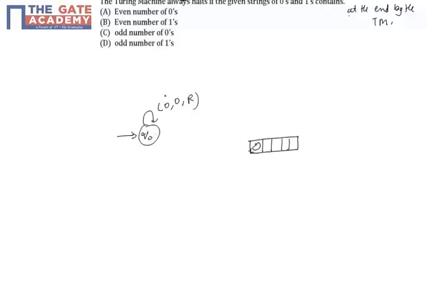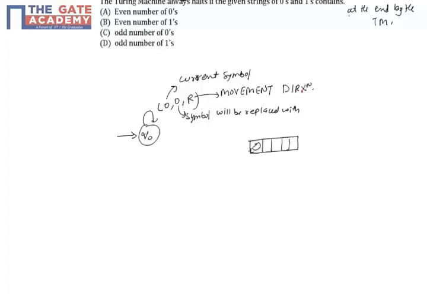So what this notation is saying is that the current symbol will be replaced with another symbol, followed by the movement direction.